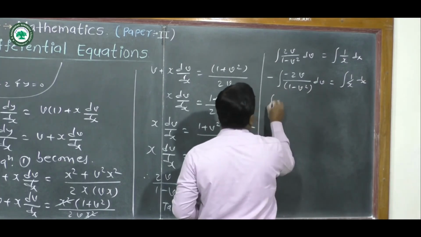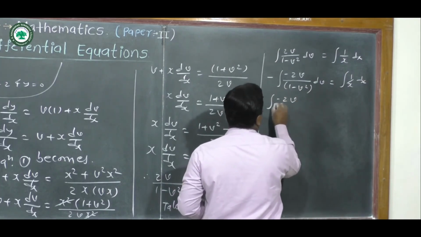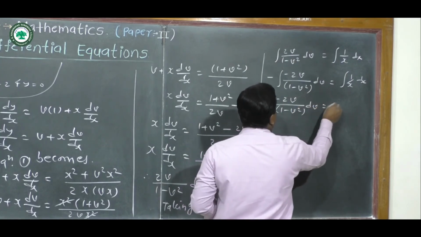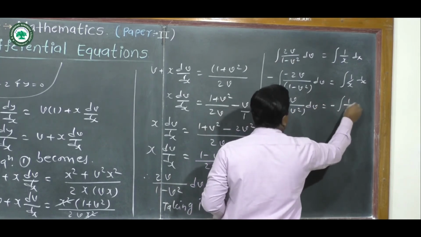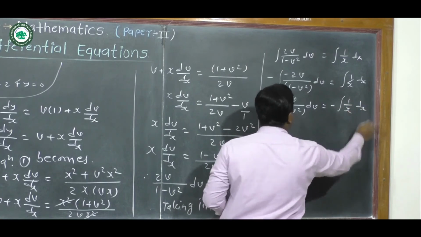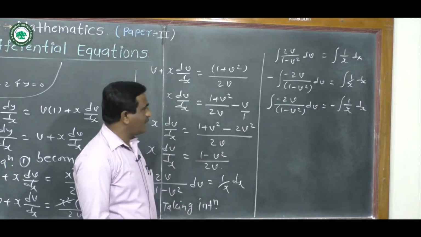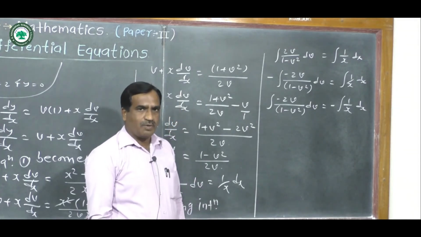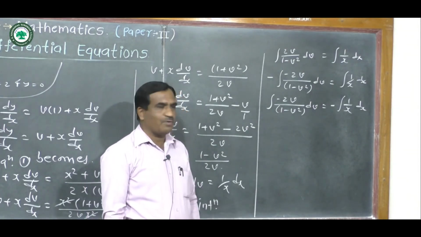That is, we can write integral minus 2v upon 1 minus v square dv equal to minus integral 1 upon x into dx. Okay. Now using corollary, integral of f dash of x upon f of x dx equal to log of f of x plus c.